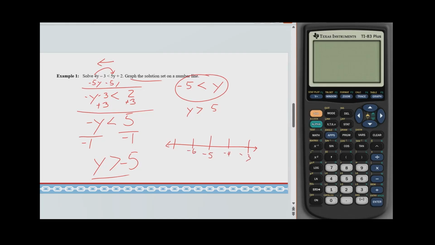This would be negative 6, negative 7. Now, I'm going to put an open circle because it is y is greater than. And it's greater than, so it's to the bigger side. Some people put it right here. Doing that, you need to make sure that you can denote it a different way. Right? So y is greater than negative 5.